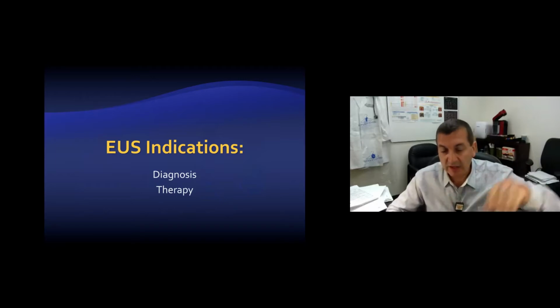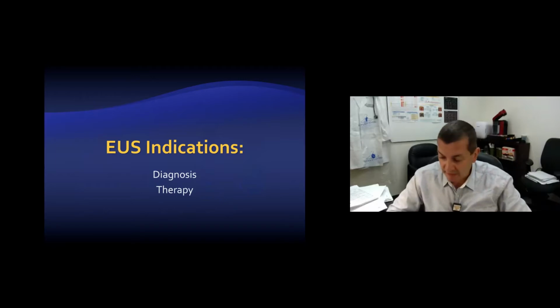And as I mentioned, I'll mention briefly the diagnostic indications that have been established over the years. Again, this technology started in the 90s, like mid-90s. And it was a technology that was trying to find indications for itself.